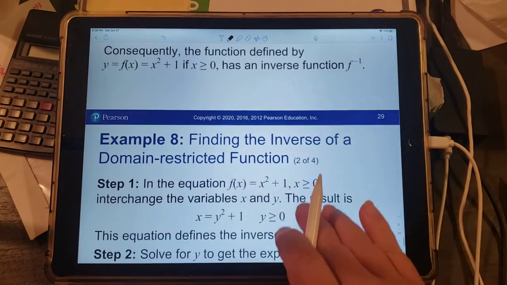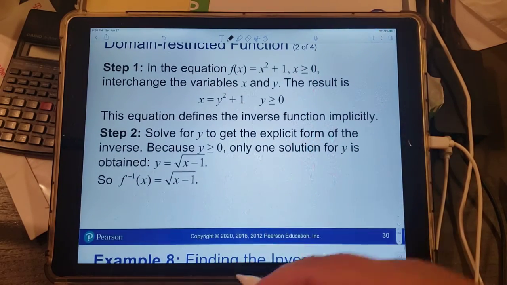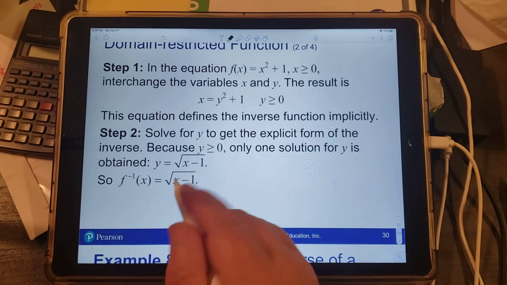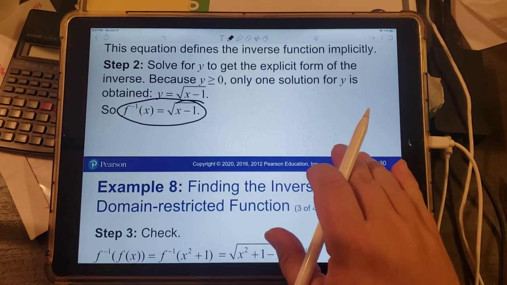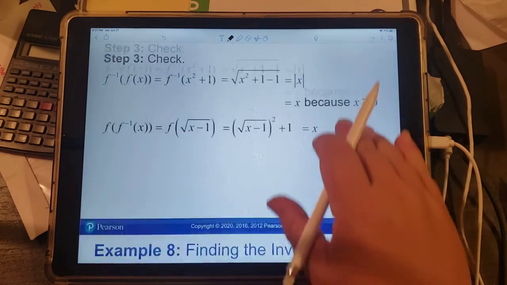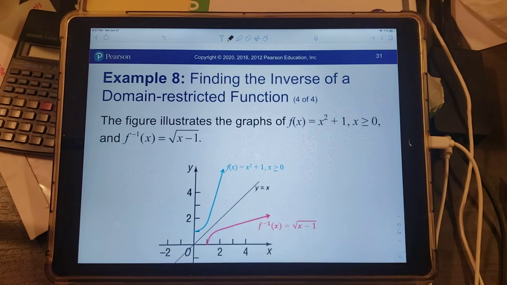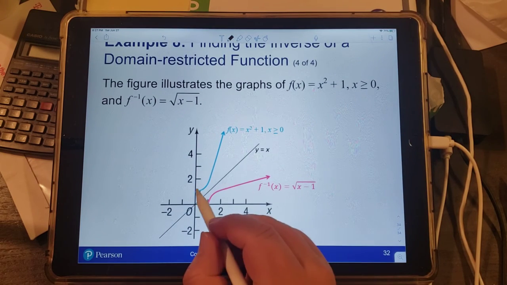And if you do that, you can go through the process of finding the inverse and checking it. All right, so nothing terribly surprising there, but just see how that works.